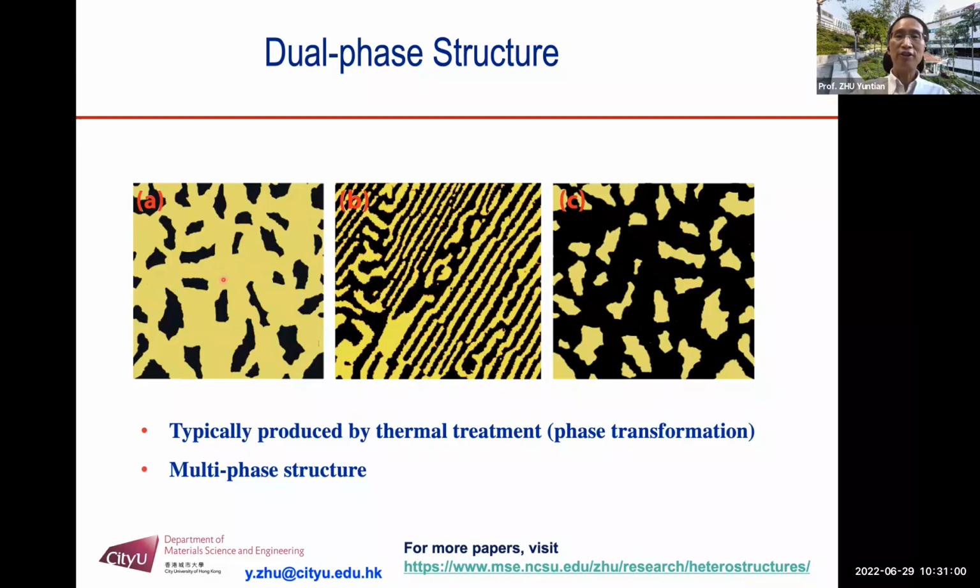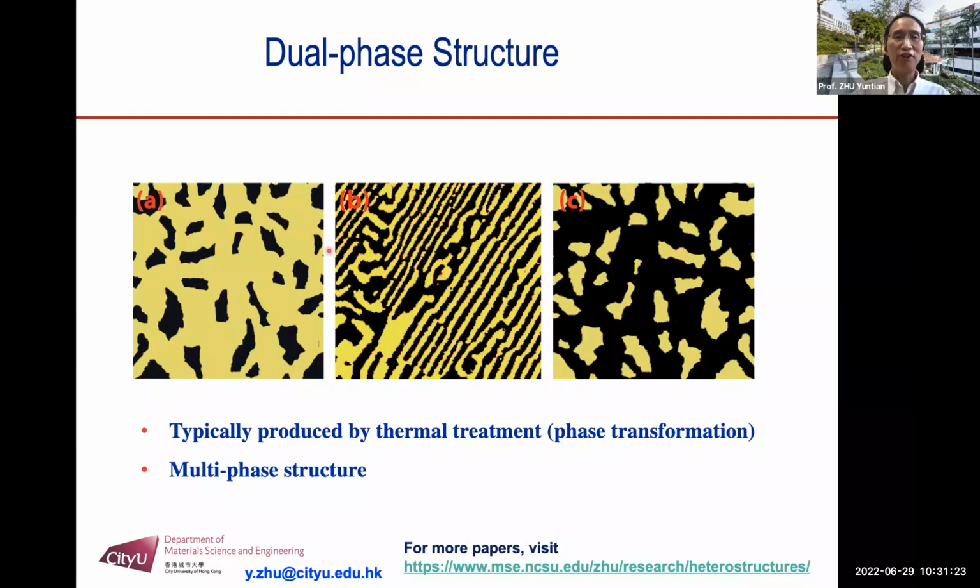On the opposite way, if we go here, you have this softer phase embedded in the hard matrix. Actually, this is not very common in the industry, but this is the most effective heterostructure, dual phase heterostructure.